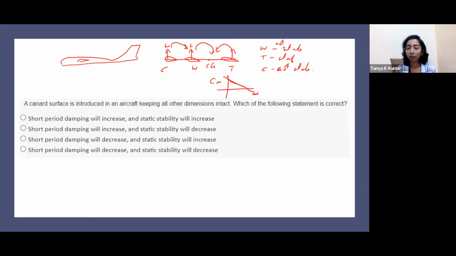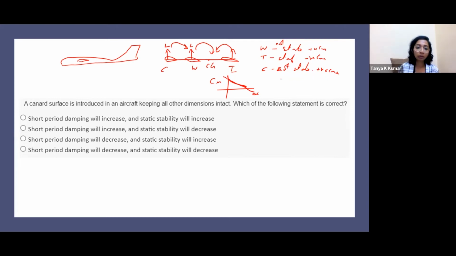But for the tail, for a positive alpha, you had a negative CM, so the tail contributes towards a negative slope, negative CM alpha. The canard has a positive CM alpha, and it is a further destabilizing, non-restoring component. So the canard is destabilizing in nature and contributes towards a positive CM alpha.